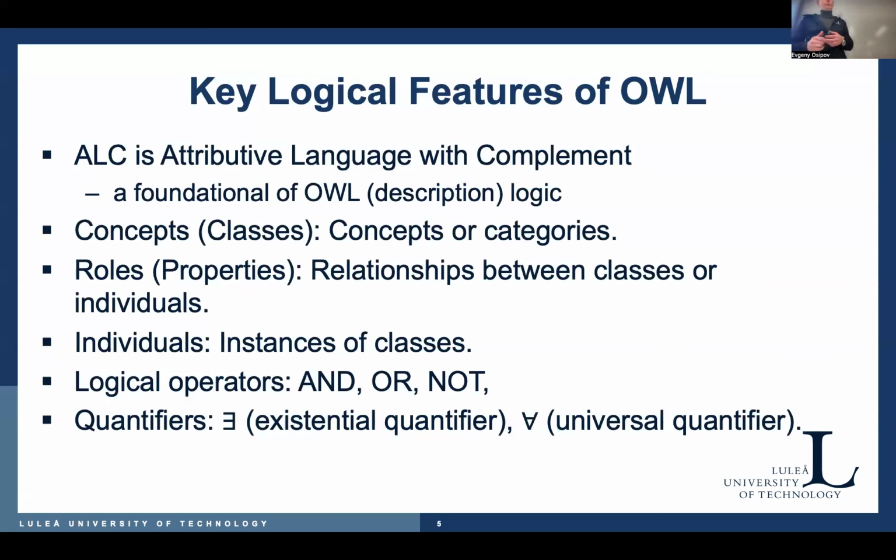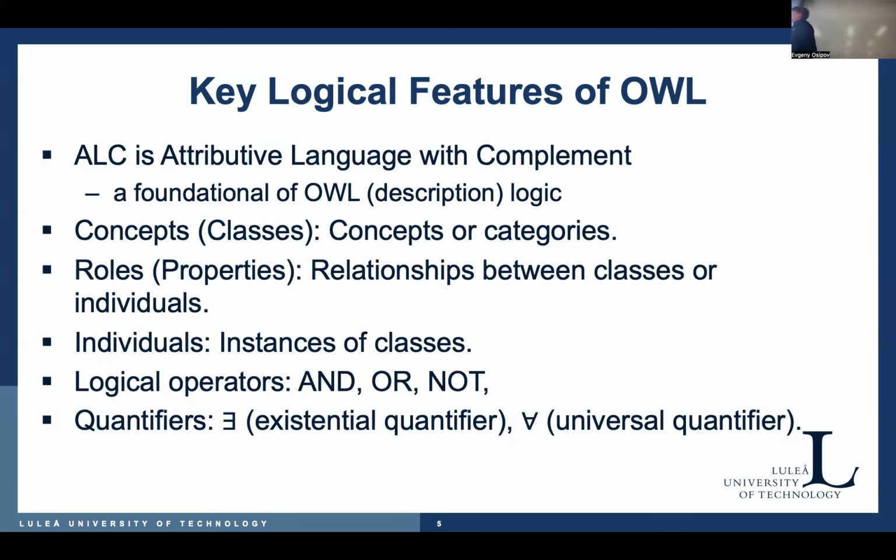In practical applications, you can get away with a substantially smaller subset of rules and types of inferences. What we will cover is something called ALC. ALC is an acronym for Attributive Language and Complement. And this is the most minimalistic logic behind ontologies.